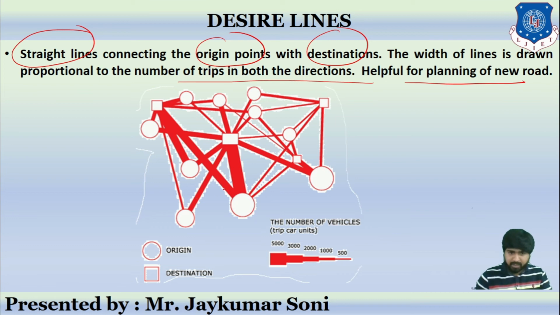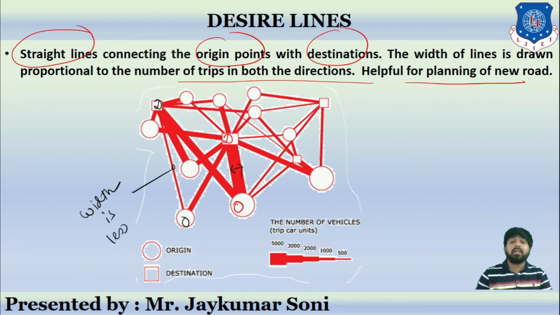See, this circle indicates origin and this rectangular shape explains about destination. See, trips are very high in this particular stretch, so you can observe that the thickness or the width is quite high. From this origin to this destination, the trips are very few, so you can observe that the width is very small.